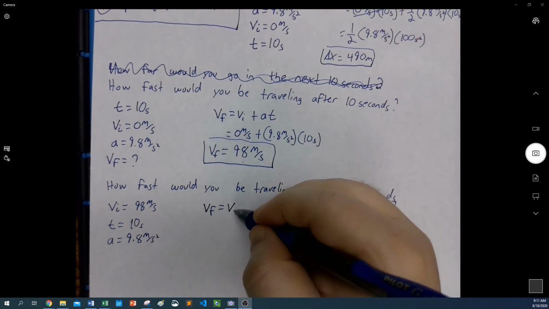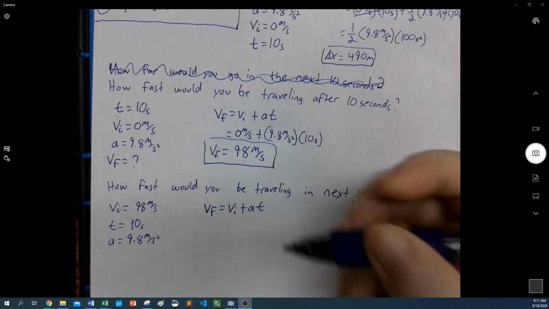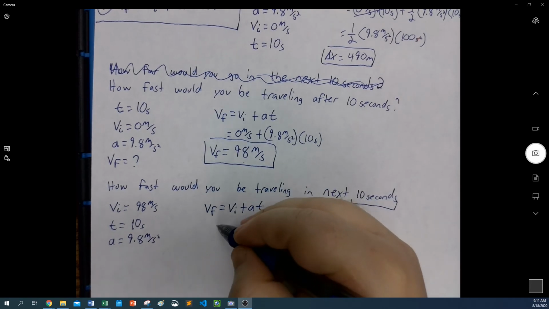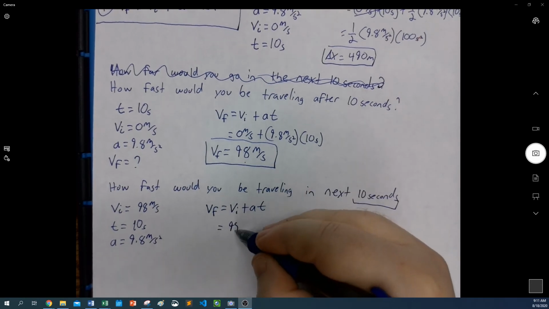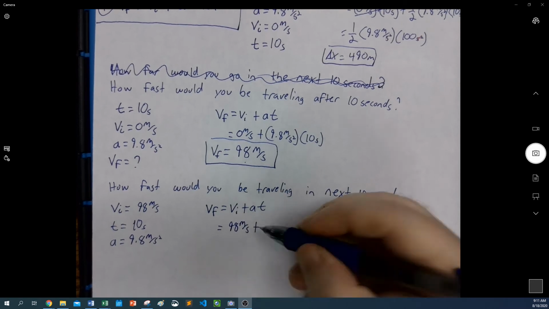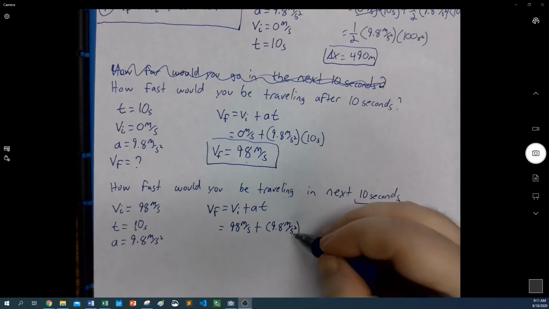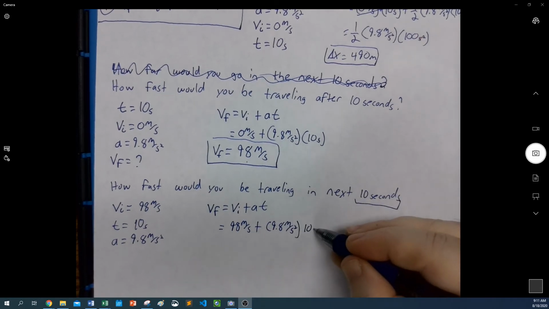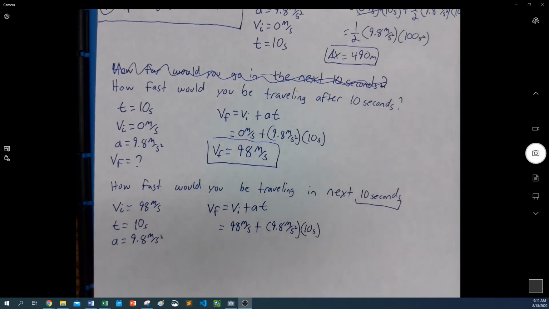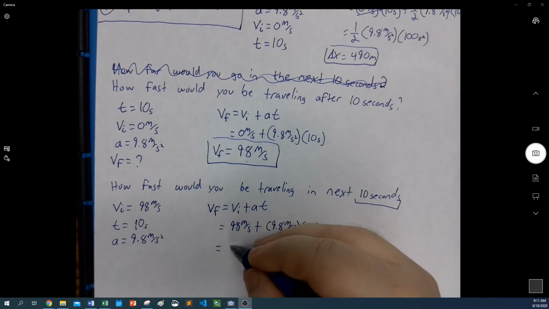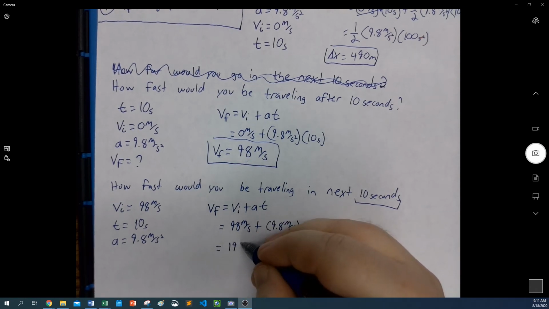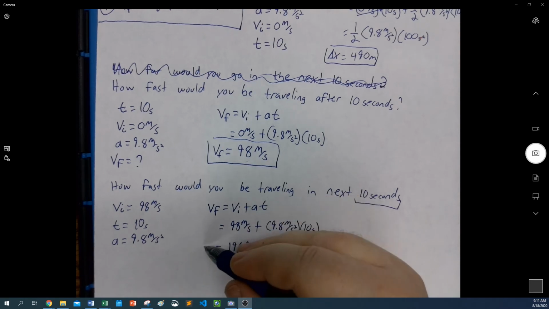VF is equal to VI plus A times T. Plugging that in, we get 98 meters per second plus 9.8 meters per second squared times 10 seconds. And you see that you would be moving now at 196 meters per second, almost 200.